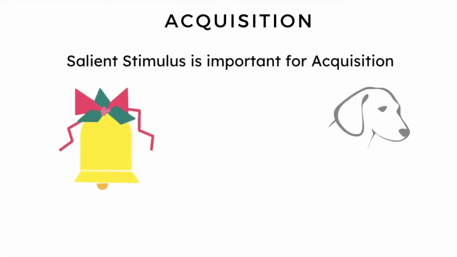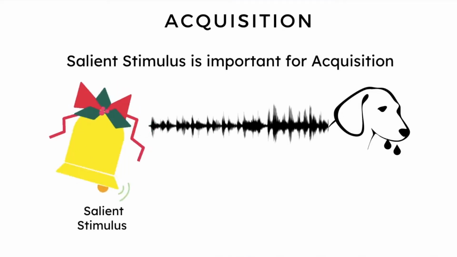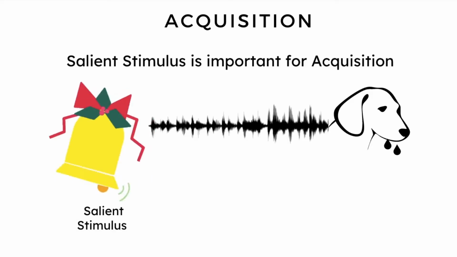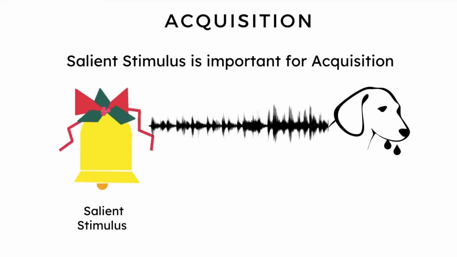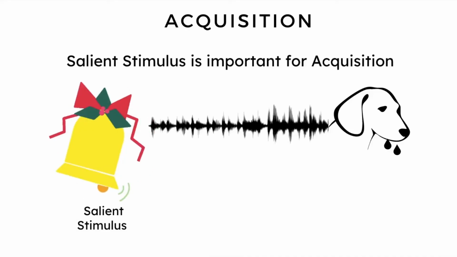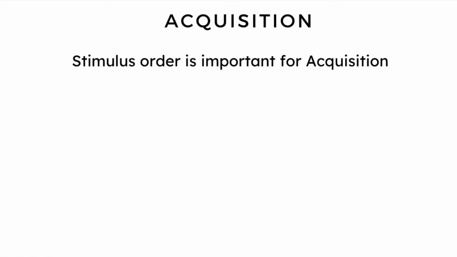Replacing this with a bell which has a discernible sound will be more salient, thereby facilitating the acquisition of the mapping between the neutral stimulus and the unconditioned stimulus, and the conditioning process would take place, resulting in a conditioned response.